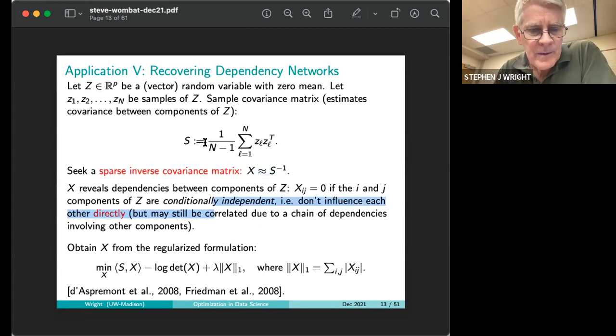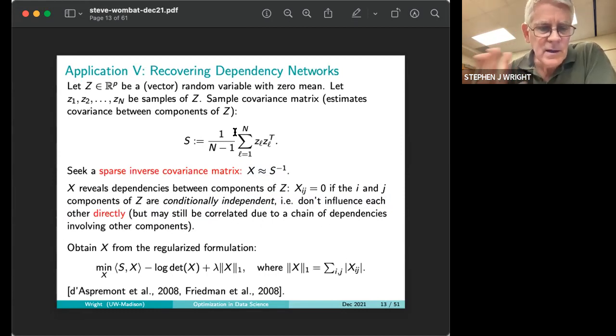Okay, now the problem is that you can't just directly invert S to get X because you've only got a finite set of observations, so you don't have a clean, exact covariance matrix. All you've got is this sample covariance matrix. And so you can make an optimization problem, which is basically give me a sparse matrix X, which is approximately equal to the covariance of S, but also is sparse.